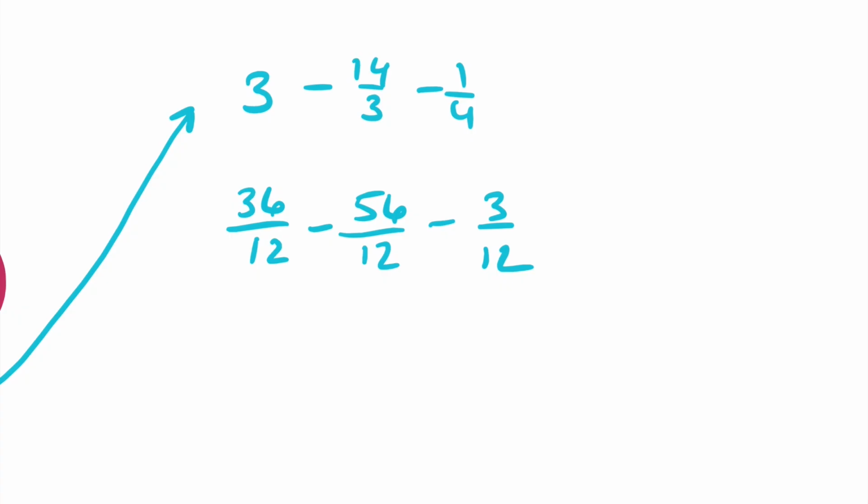So just got my calculator here. 36 minus 56 minus 3 is negative 23 twelfths.